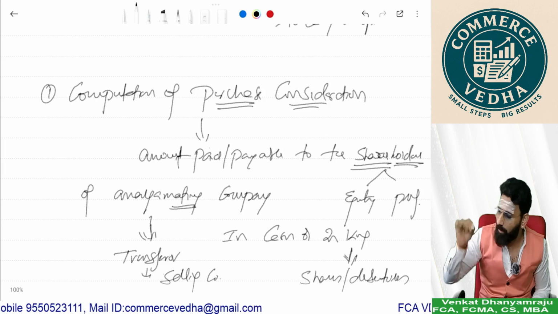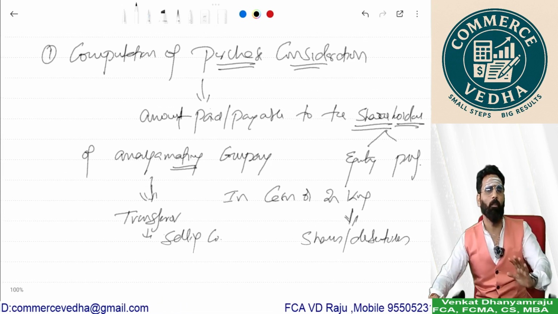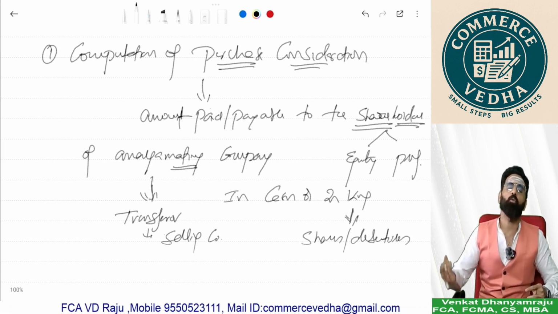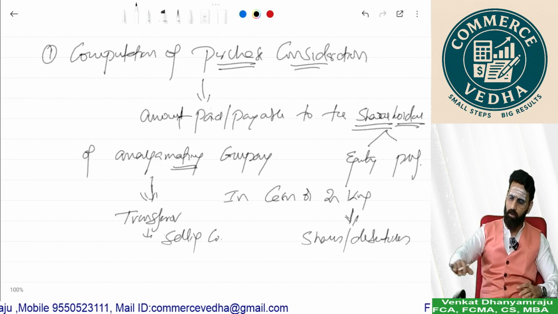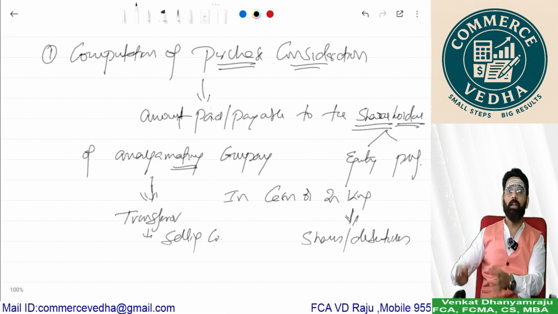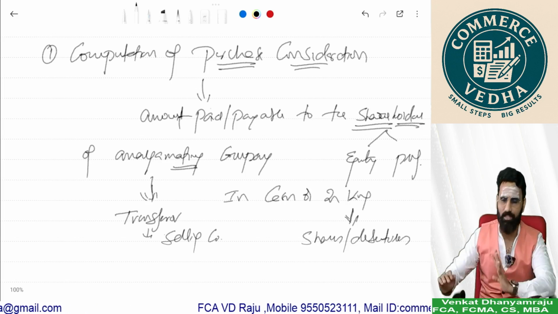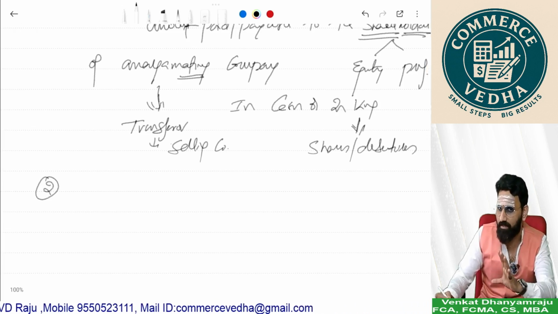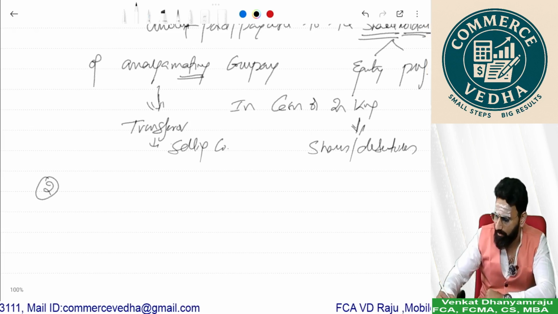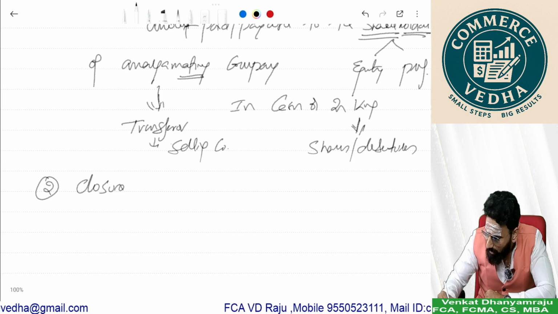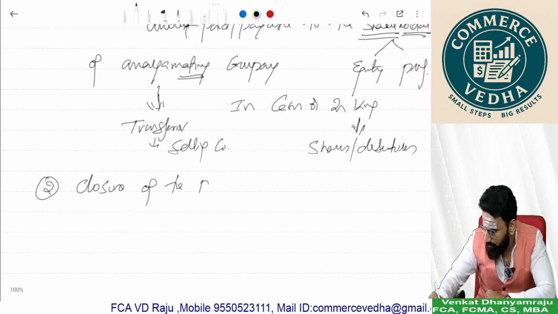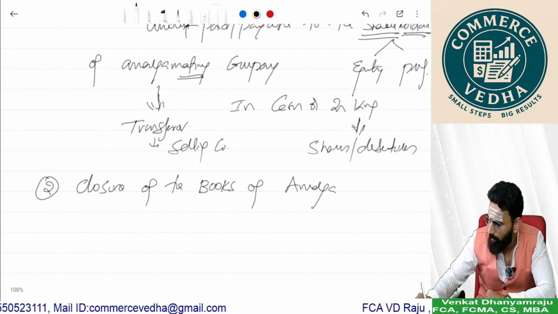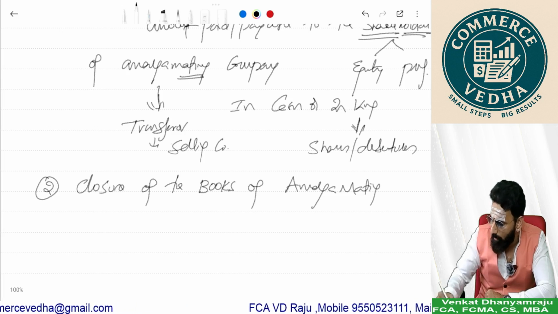That is the first step to start any problem on amalgamation. We will discuss in detail what purchase consideration is in subsequent sessions where we discuss only purchase consideration. Now coming to the next step, once you have decided the purchase consideration, the next thing we should do is closure of the books of the amalgamating company.